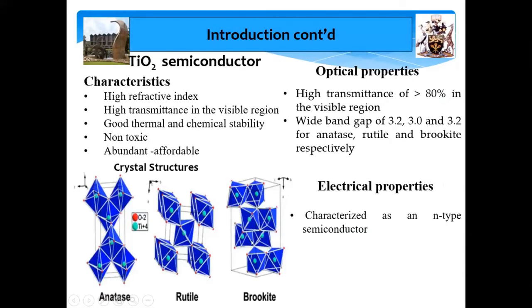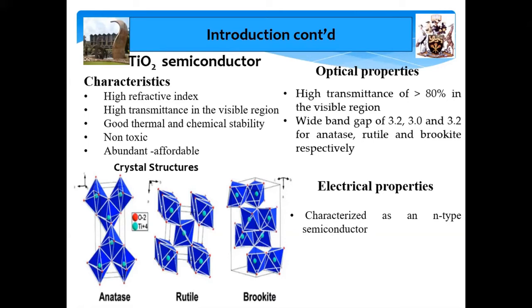The titanium dioxide semiconductor, which has been the focus of our study, has attracted great attention from many researchers because of its unique characteristics, such as its high refractive index. It also shows excellent transmittance in the visible region. It also has good thermal and chemical stability. It is non-toxic, and it's abundant on the Earth's surface, which means it's affordable to many researchers.